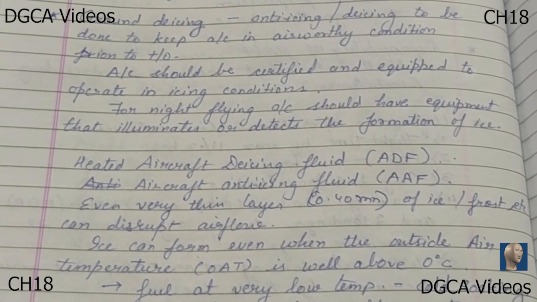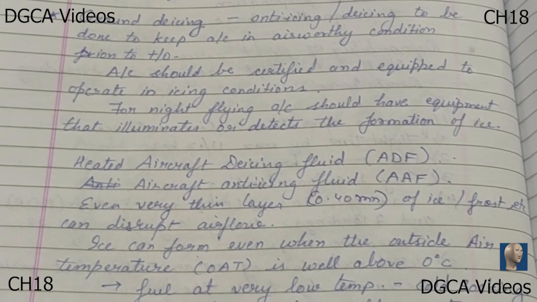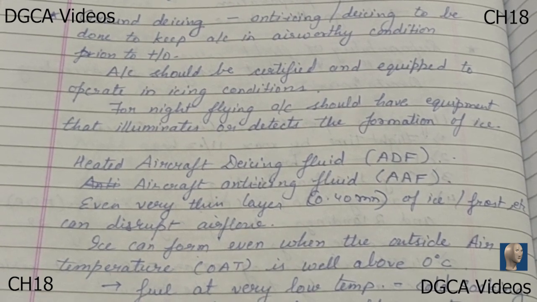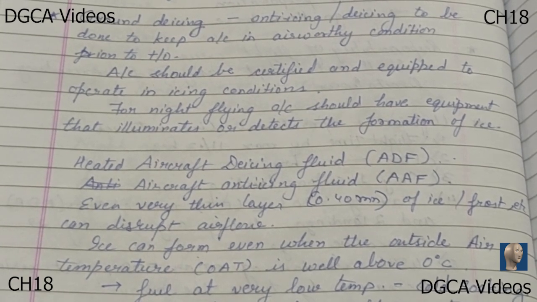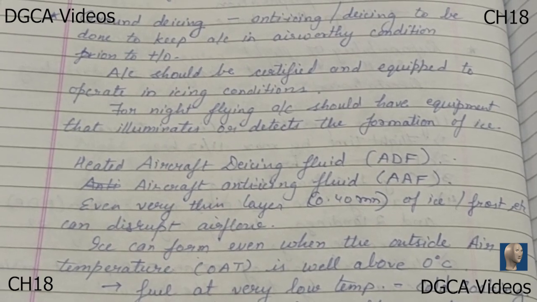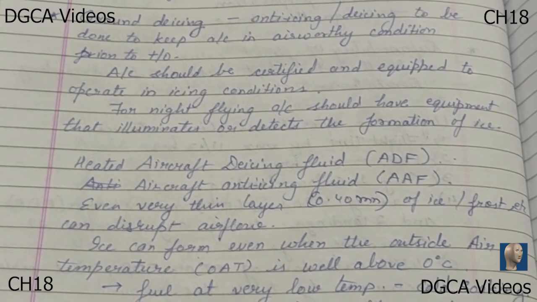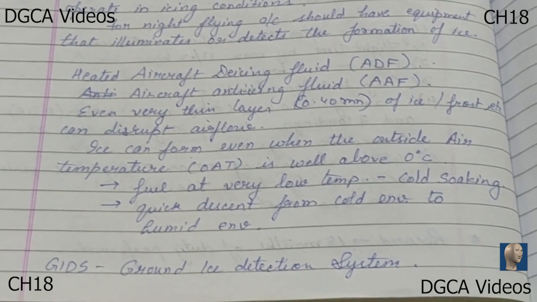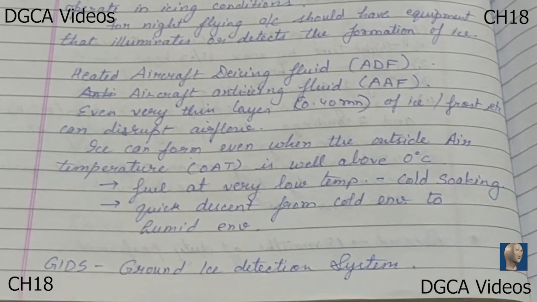That is why it is important to take certain measures which remove the ice from the surface of the aircraft. Ice can be formed or accumulated on the aircraft in many ways. Let's look into that. The first one is the fuel which is there in the wings.